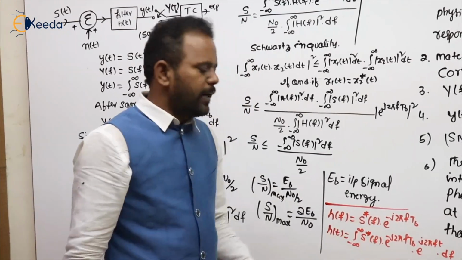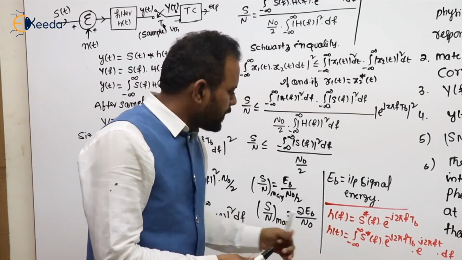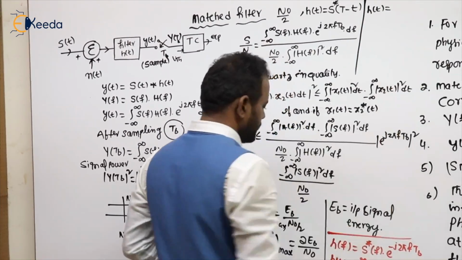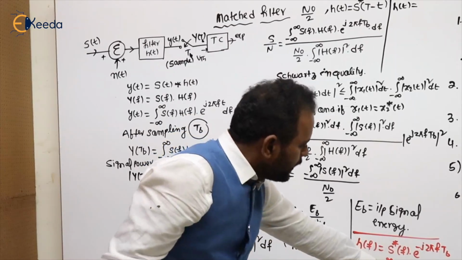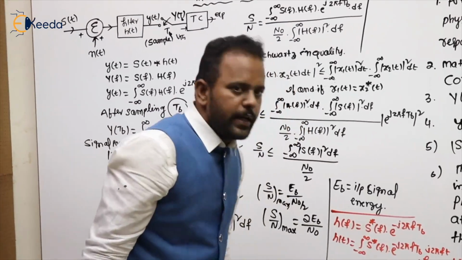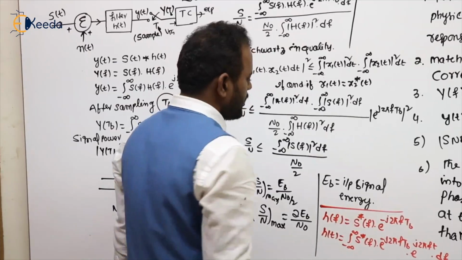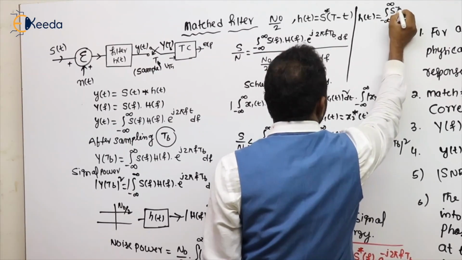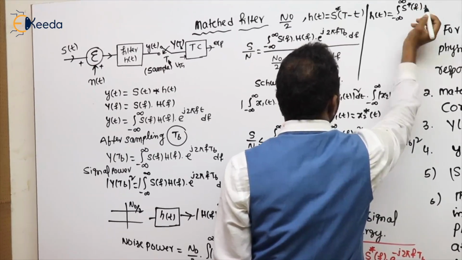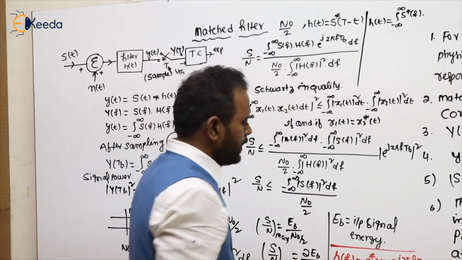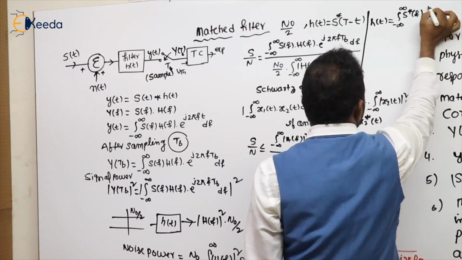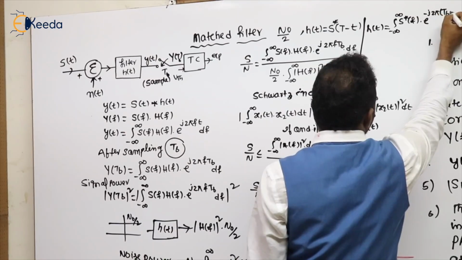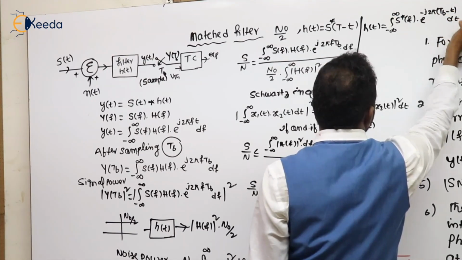Now I write this expression as h(t) equal to, with e power a times e power b terms, taking minus common: the integral from minus infinity to plus infinity of S conjugate of f into e power minus j 2 pi f (Tb minus t) df.